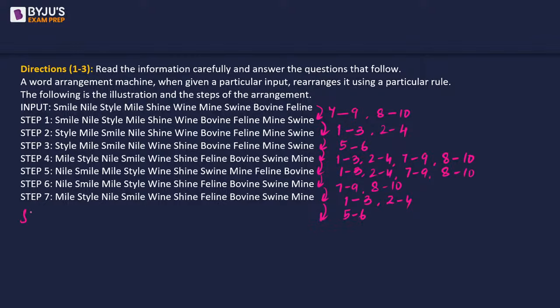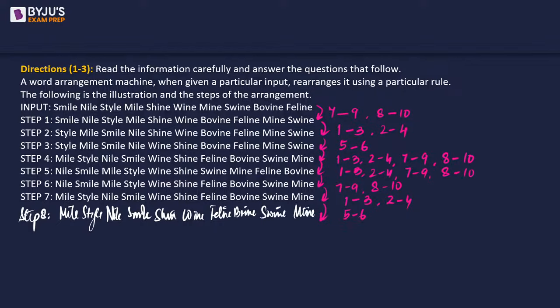Sorry, step 8 will give us only 5 and 6 interchanging. So we will have mile, style, Nile, smile, shine and wine will interchange. Then everything else will remain the same: feline, bovine, swine and mine. Right? Only 5 and 6 should interchange.